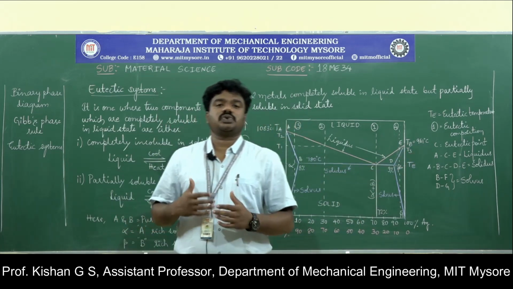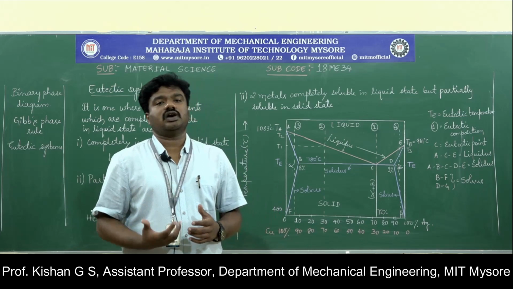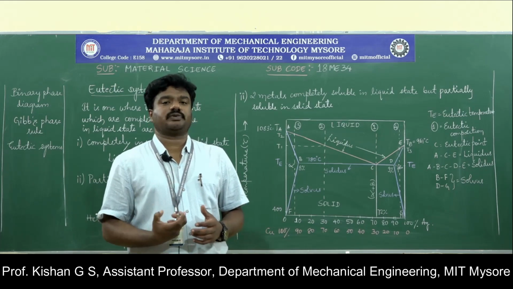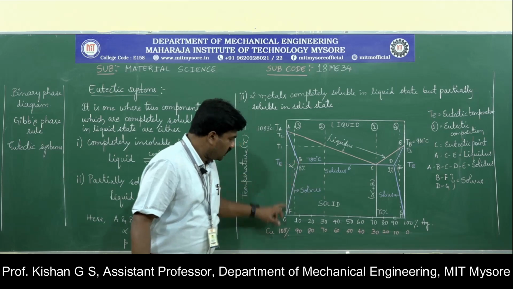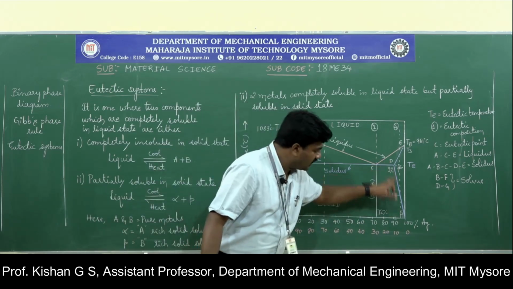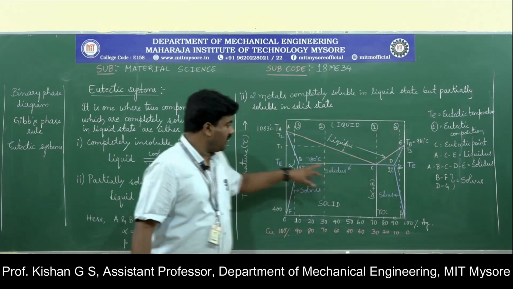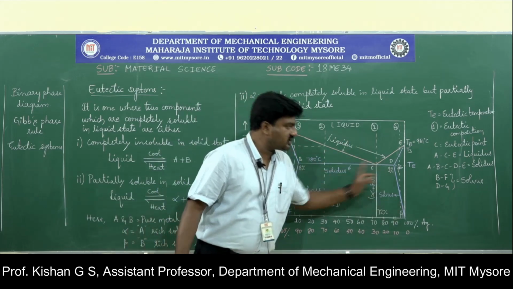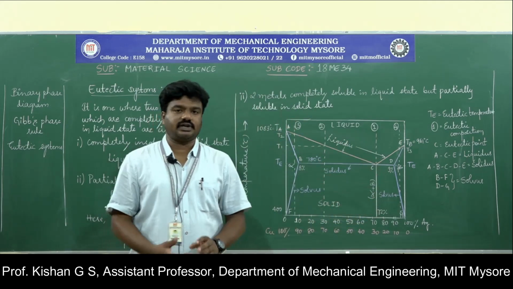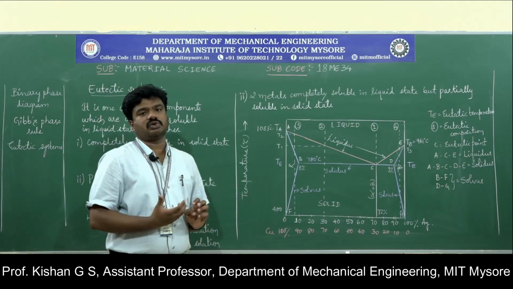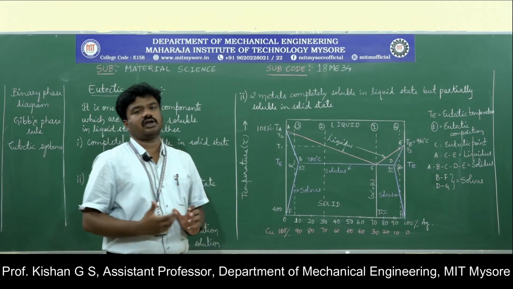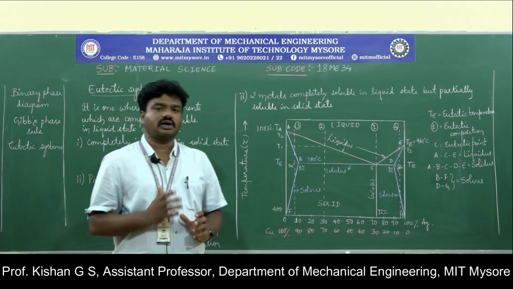Here, since we have partial solubility, we are going to get two additional representations called solvus lines, from B to F and D to G. So B to F and D to G is the solvus line representation. Let us now start the consideration of mixing these two materials such that it satisfies the partial solubility in the solid state.